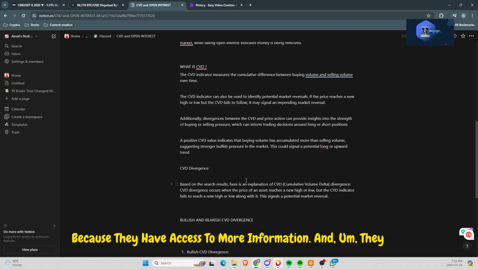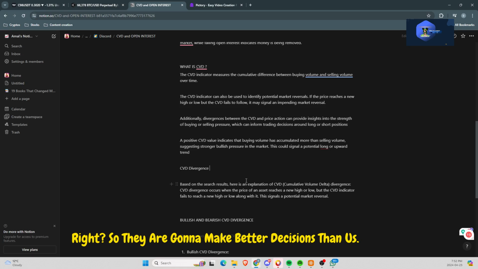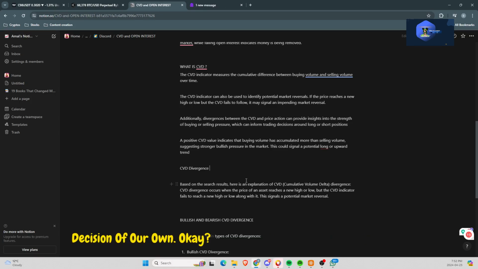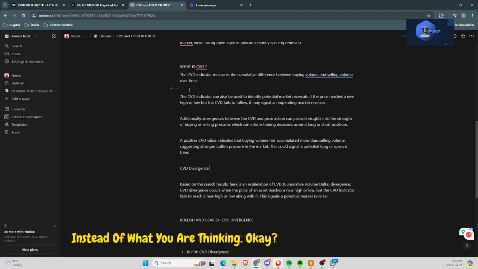They have access to more information, and they are more experienced than us, right? So they are going to make better decisions than us. So it is always easier to follow their footsteps than to make a decision of our own. So this indicator helps you determine what they are doing instead of what you are thinking.